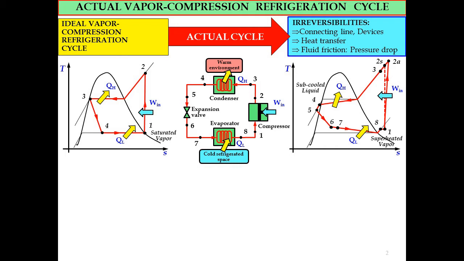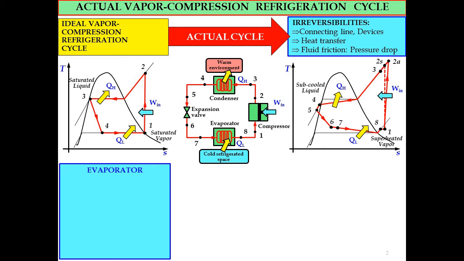Similarly at the outlet of the condenser: for the actual one, the phase is subcooled liquid, or compressed liquid region. However, in the ideal cycle, the phase at the outlet of the condenser is saturated liquid.